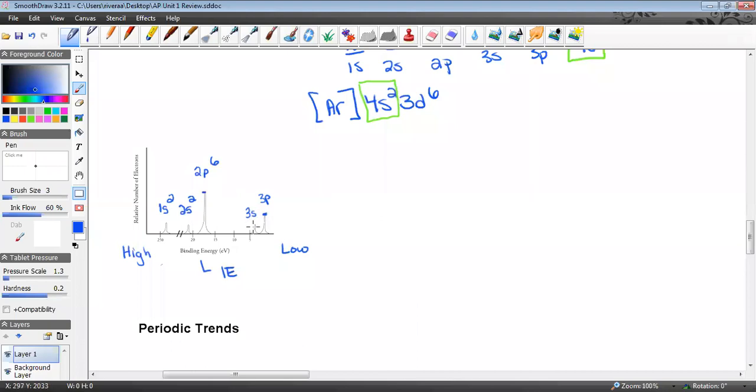And the 3s has 2 electrons in it. And I would have to estimate, is this half the height? Sure, looks like it's half the height to me. So I would call that 3p3. And so if it's 3p3, I just go to my periodic table to my p block, 3rd period. And what element is that? Phosphorus.